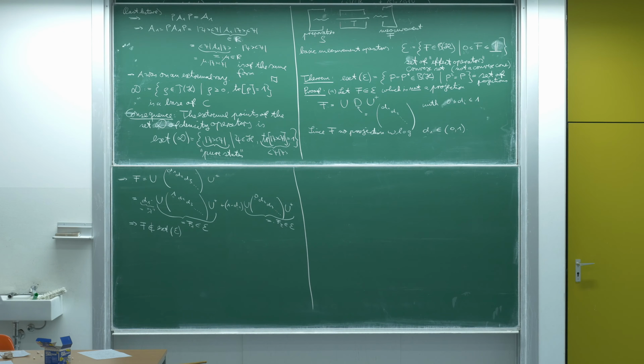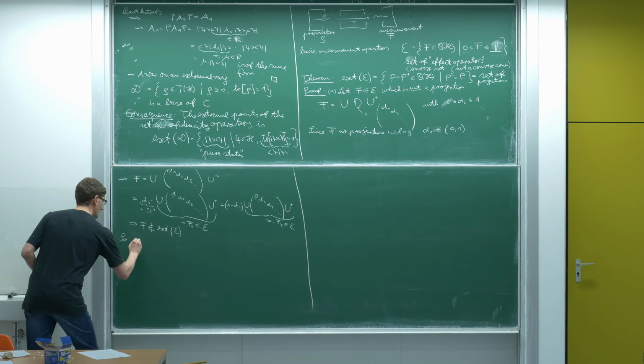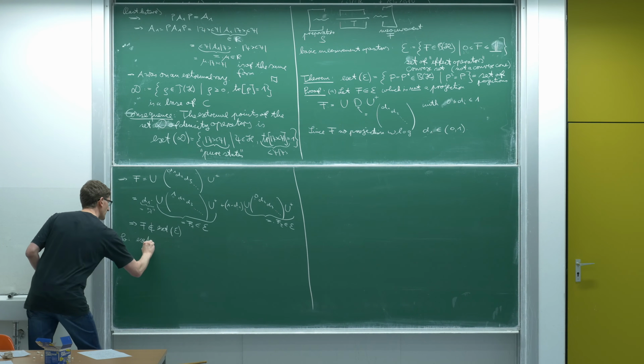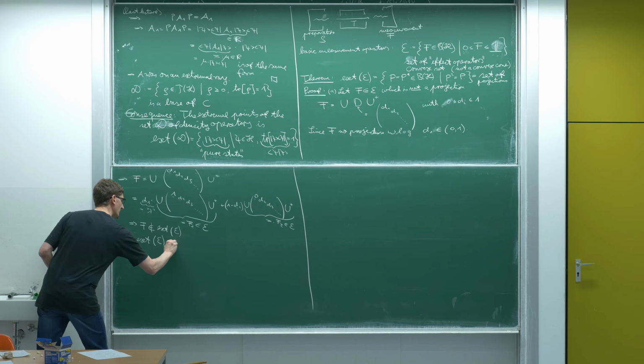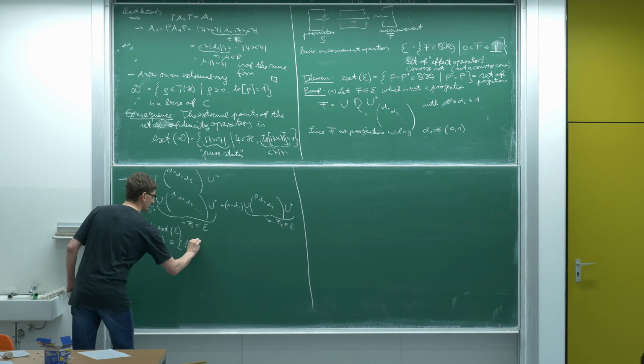Okay, so we have shown that if F is not a projection, it is not extremal. So any extremal point is a projection. So the extremal points are a subset of the projections.